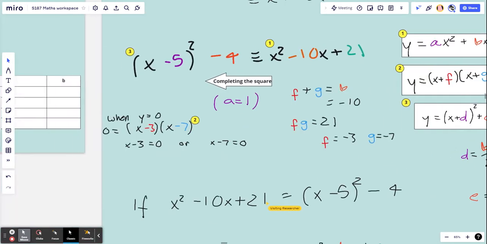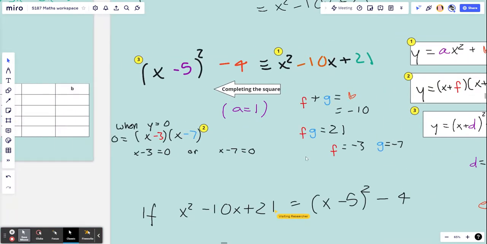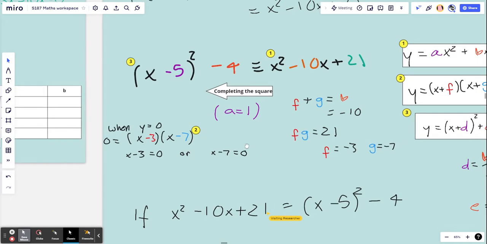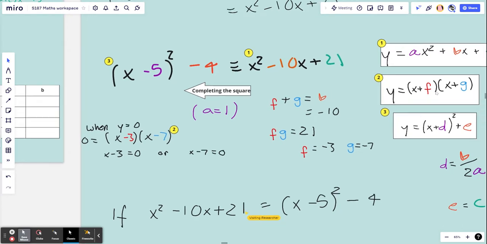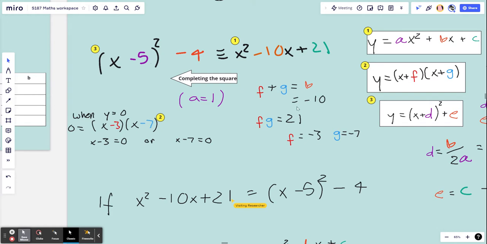When we did this, we learned how to factorize quadratics. We also know how to factorize quadratics when a is not 1. But when a is 1, we're just looking for two numbers f and g where f plus g is equal to b, in other words, two numbers that add together to give minus 10 in this example, and the same two numbers times to give c.